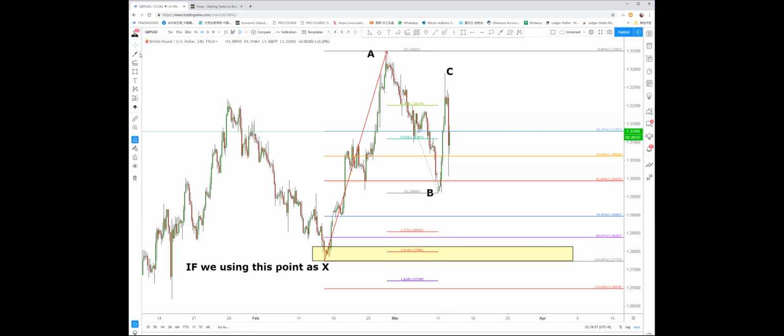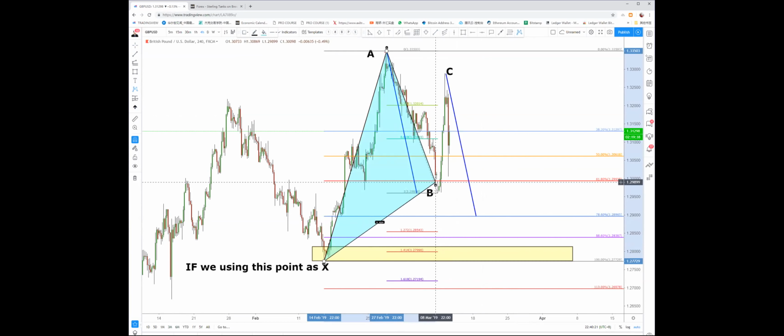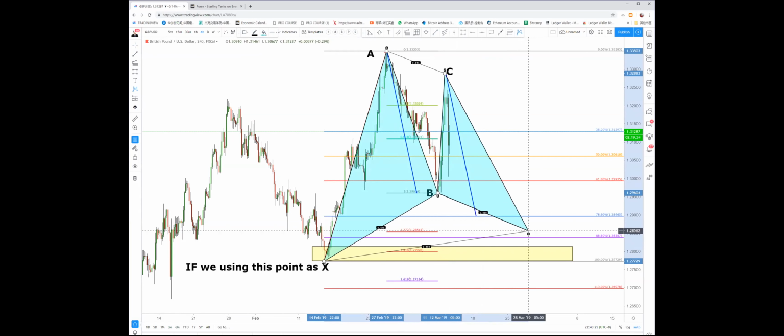And another thing is we have to use AB equals CD here. So ABCD is also very possible. We can see that ABCD actually completes at the 76 point. The extensions are at 1.2854, 1.44 at 1.2799. So this gives us a hint that the sterling may have a Gartley pattern, right?